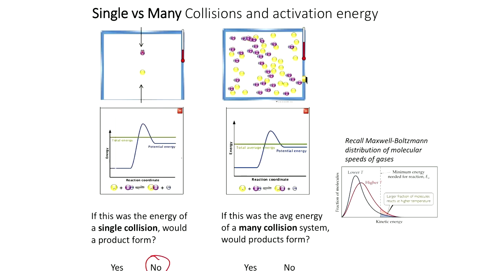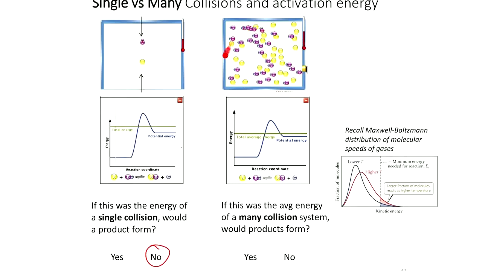All right. Now, let's look at this many collision system. I'll remind you, are all the particles moving at the same speed? No, they're not. Here is the average kinetic energy given the temperature of this sample. Will this container lead to any chemical reactions? Yes, this one will.